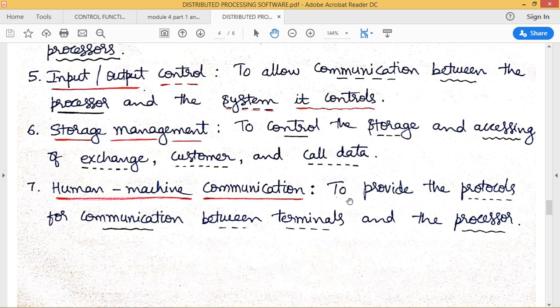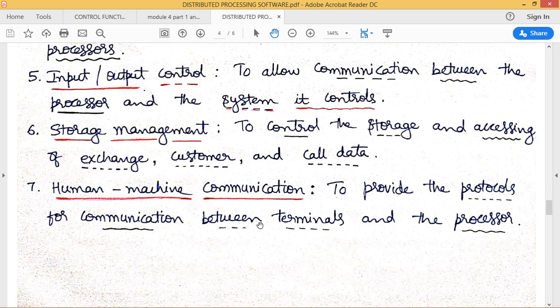With respect to that, we will deal with certain application programs in order to provide the protocols for communication between terminals, that means the end user, the call terminal, which is nothing but a human being and his telephone, and the processor with the exchange. So we need to provide suitable protocols for communication taking place between human and machine.